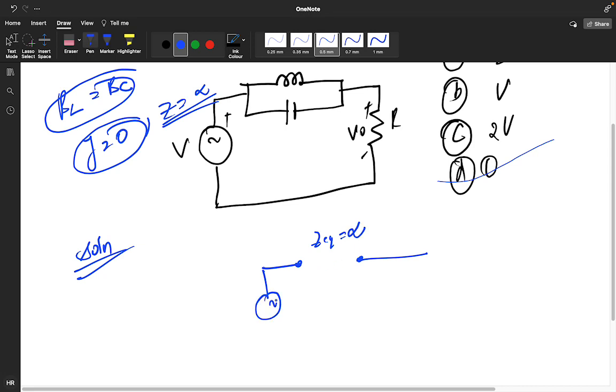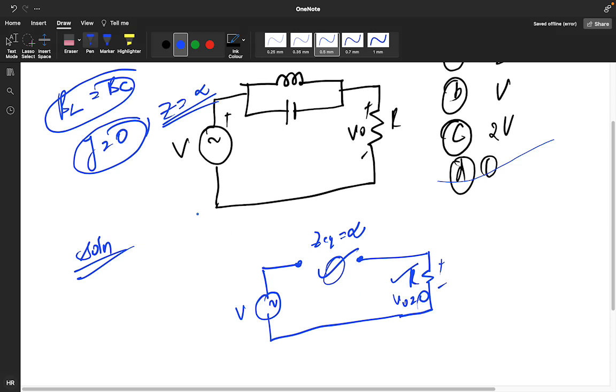So you are getting V, and this is your R. So what voltage you will get, all the voltage will come across this, it will not go in this part, so your V0 value will be 0.